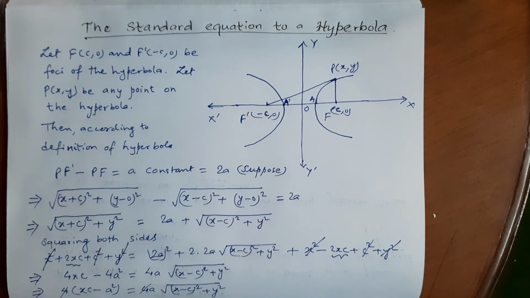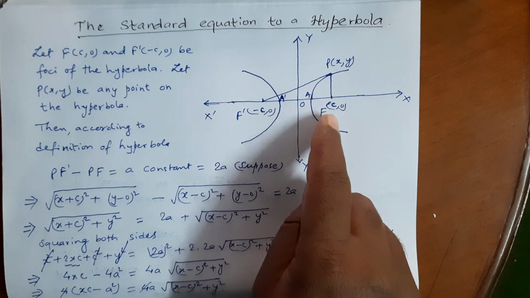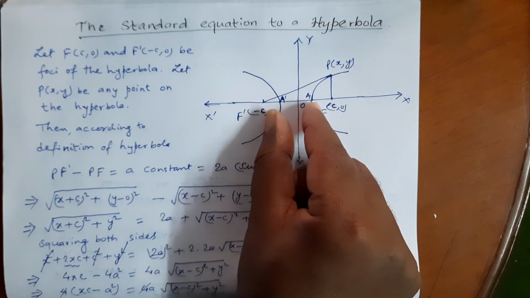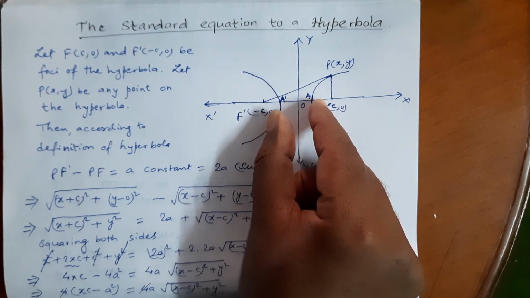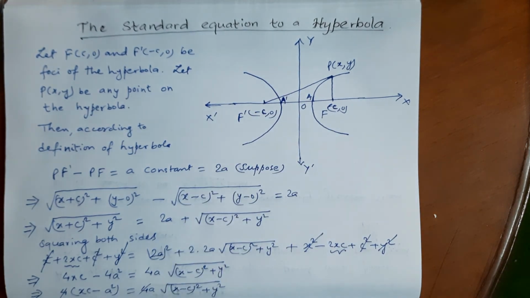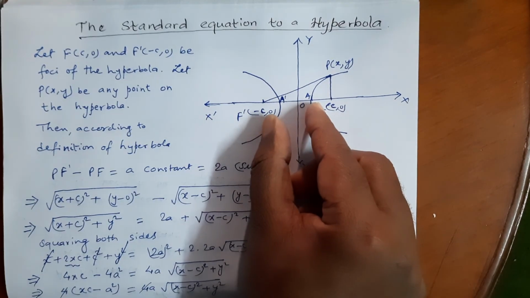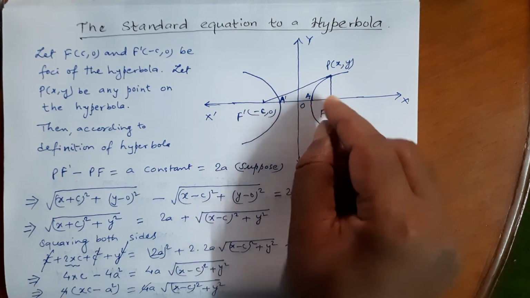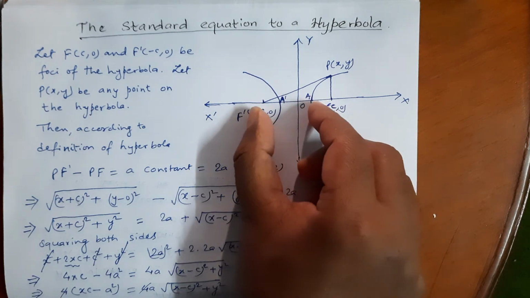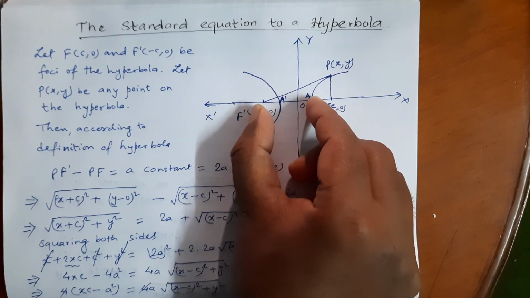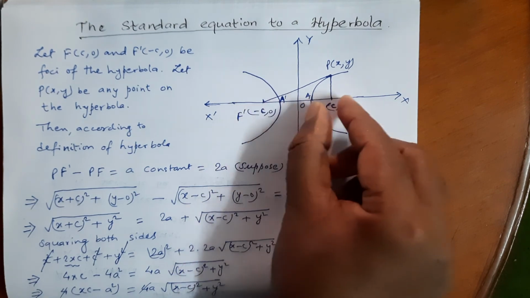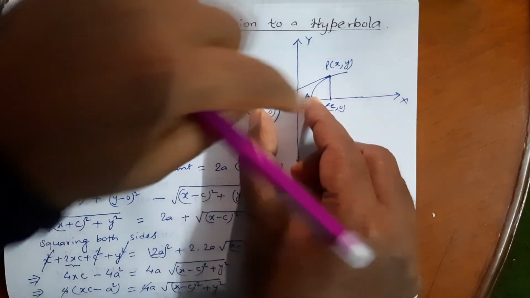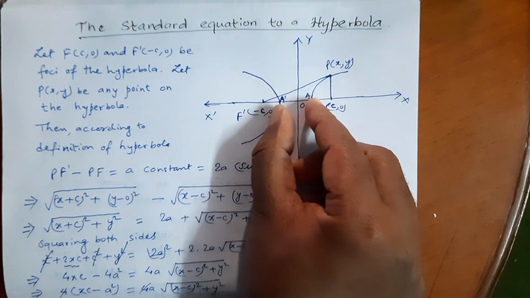The line A A dash joining the vertices is called the transverse axis. The length of the transverse axis A A dash is 2a, because for any point of the hyperbola, the difference of distances from the two fixed points is 2a.